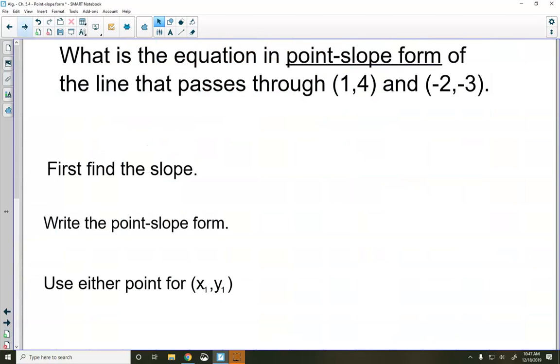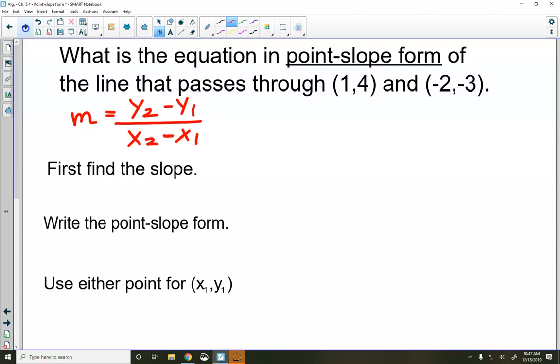The last type of problem you may see is where we give you two coordinate points, like 1, 4, and -2, -3, and I ask you to write it in slope-intercept form or point-slope form. The first thing we do is use our slope formula, which is m equals y sub 2 minus y sub 1 over x sub 2 minus x sub 1. We can label our coordinate points. This is x sub 1, y sub 1 because it is the first x and y.